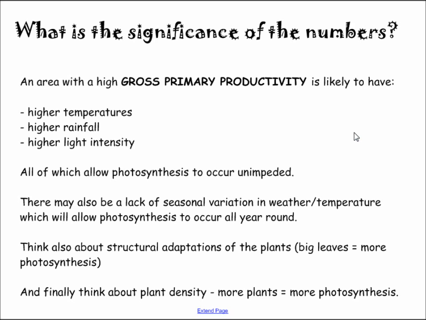If you think of a deciduous forest, half the year there are no leaves on the trees, so no photosynthesis is taking place. This will obviously have a lower GPP than a forest where the leaves are on the trees all the time. You also need to think about structural adaptations of the plants, big leaves, more photosynthesis, and finally think about plant density. More plants, more photosynthesis, higher GPP.